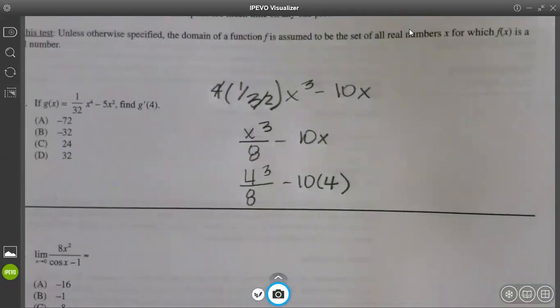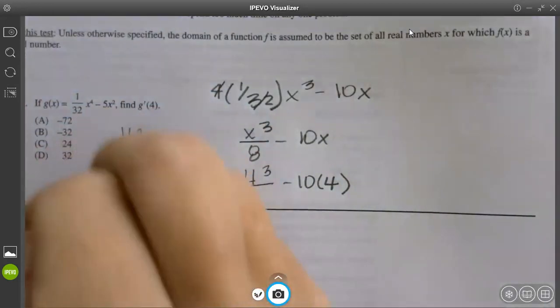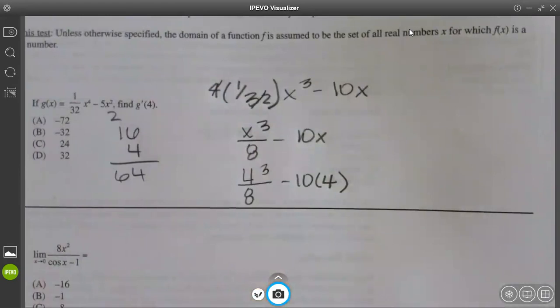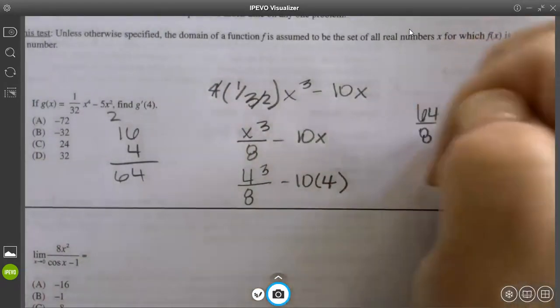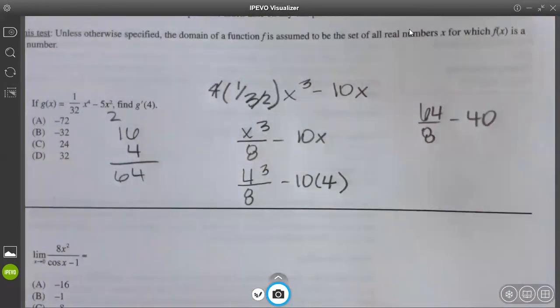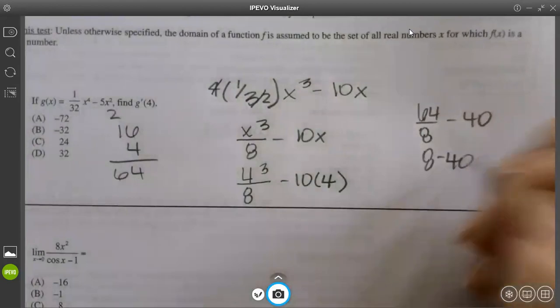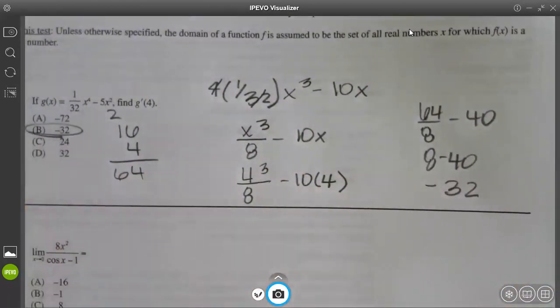If you don't know what 4 to the 3rd is, 4 times 4 is 16. Do it old school, times 4, 24, and then 64. So we get 64 over 8 minus 40. What is 64 over 8? Minus 40 is negative 32. Your answer should be B.